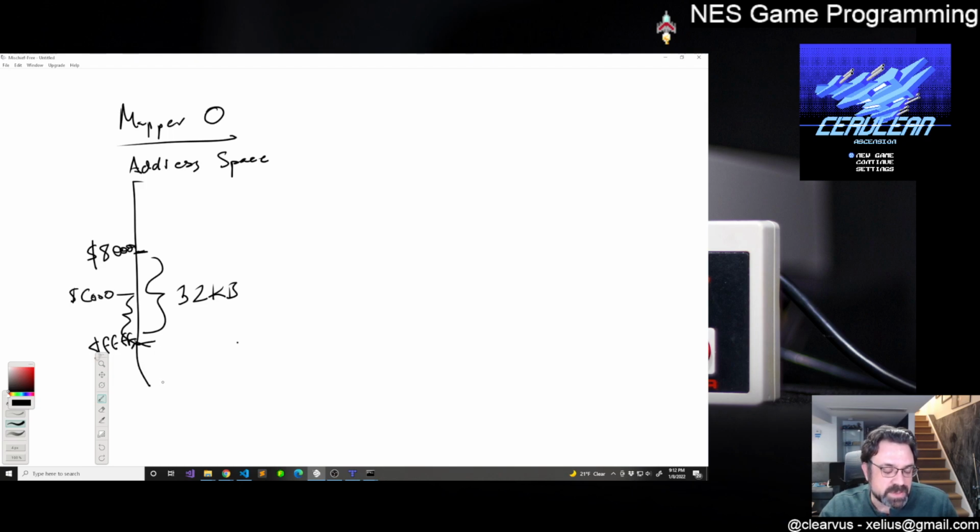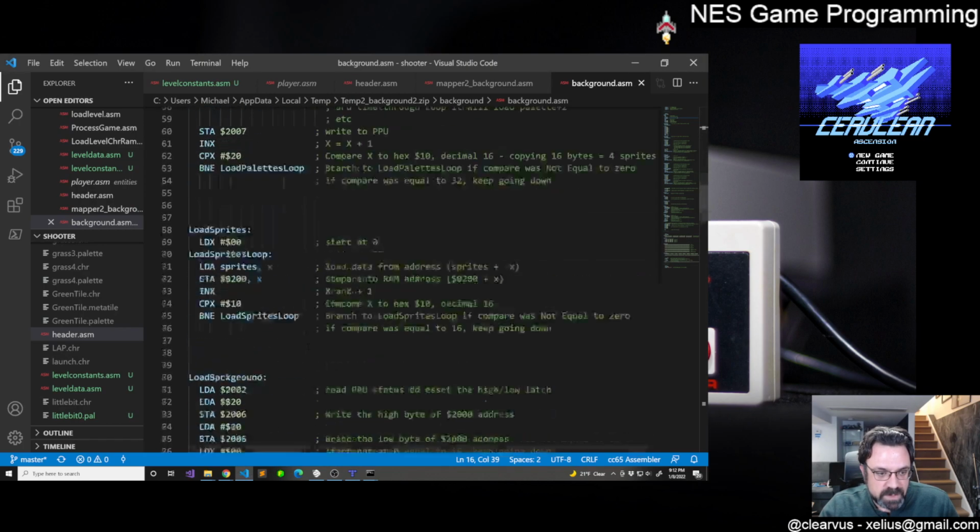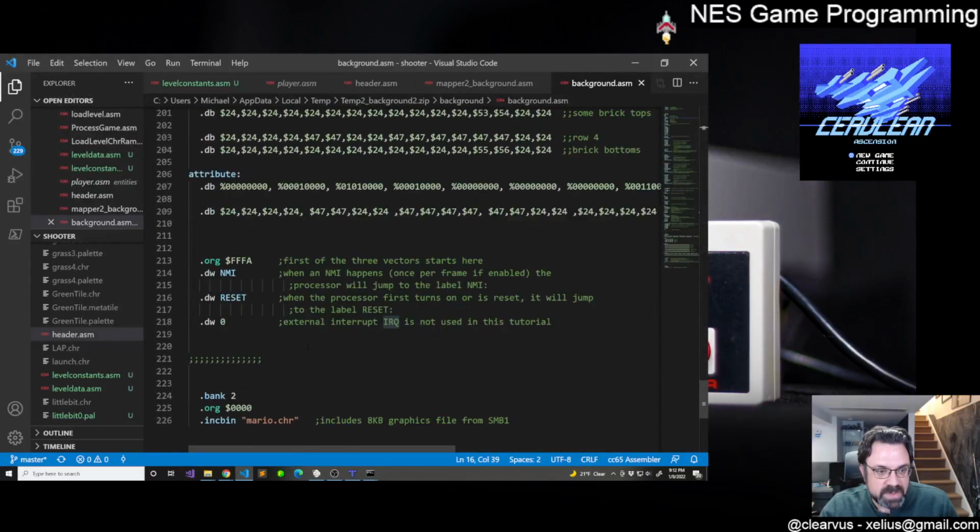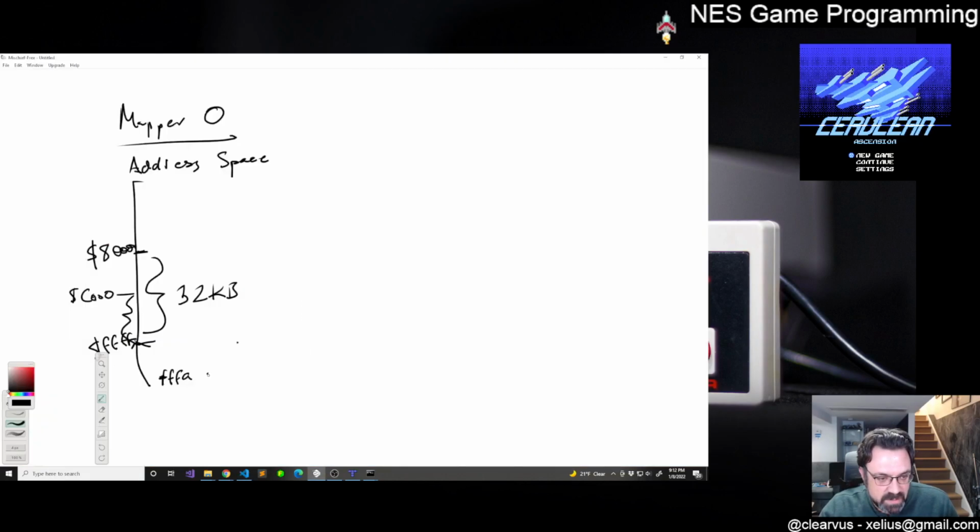The reason is because for this code to work, there's this section here at the end of the address space that the CPU goes to, starting at FFFA. When the 6502 powers on, it goes to address FFFA, and there are 6 bytes at the end, and they contain the addresses of, if we go and look at the code here for a moment, the address of your NMI routine, the address of the reset routine, and the address of an IRQ routine.